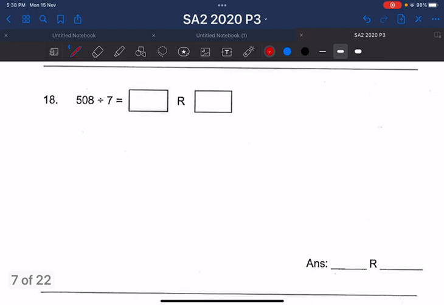Now, of course, with multiplication, it comes to division next. So we're going to do division over here, 508 divided by 7. We're going to start off with the big number, 508, and try to divide it into groups of 7. Let me write the division sign.